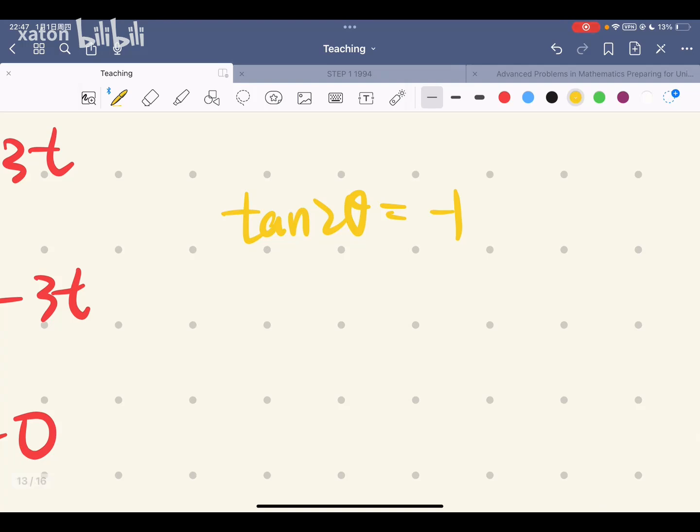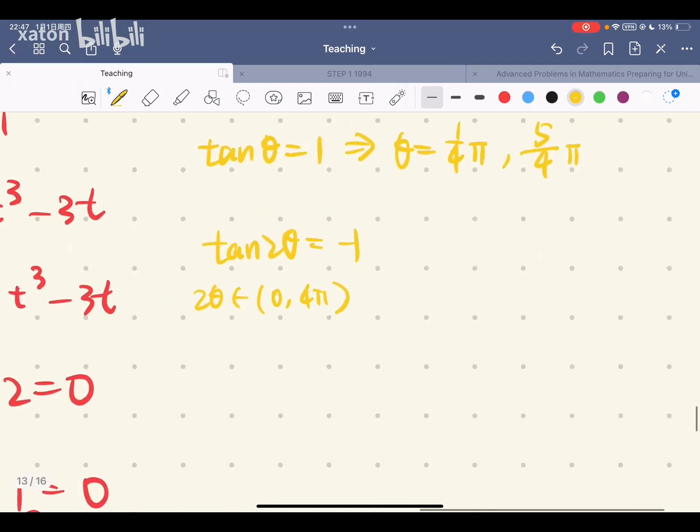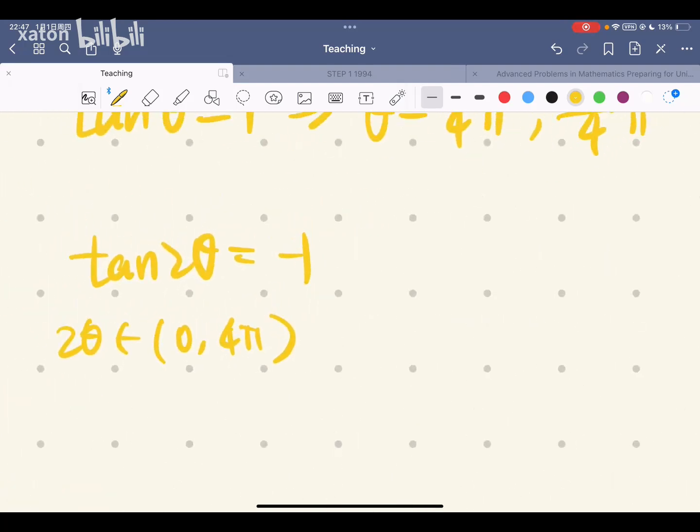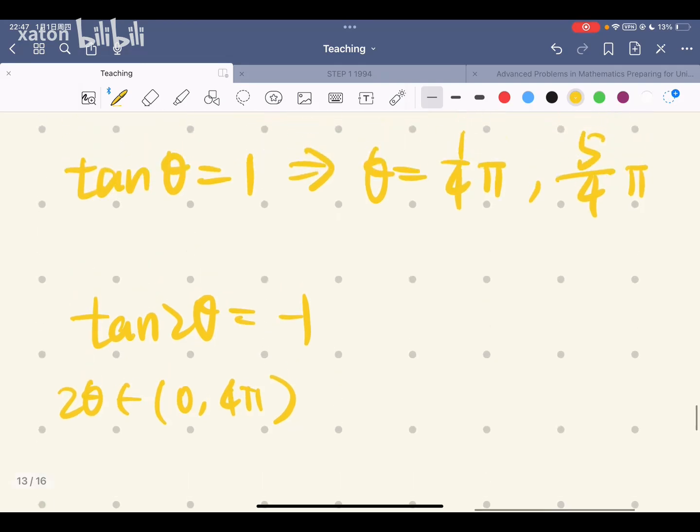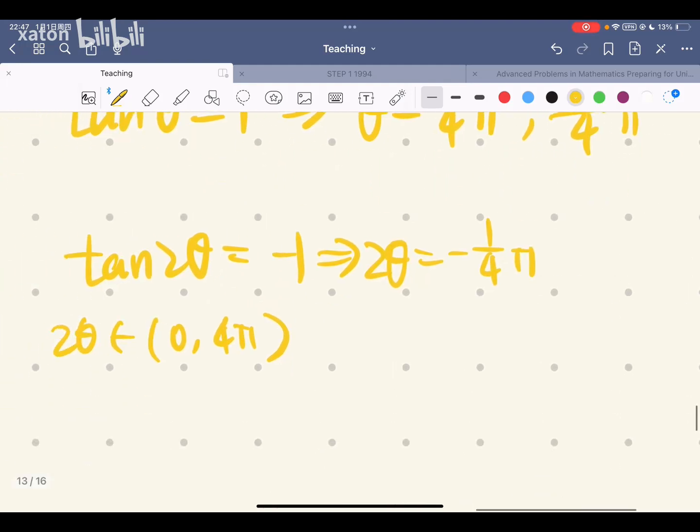So 2 theta should be in the interval 0 to 4 pi. And 2 theta, which should be arctangent minus 1, should be exactly minus pi over 4. But this is not in the interval, so we have to move on.